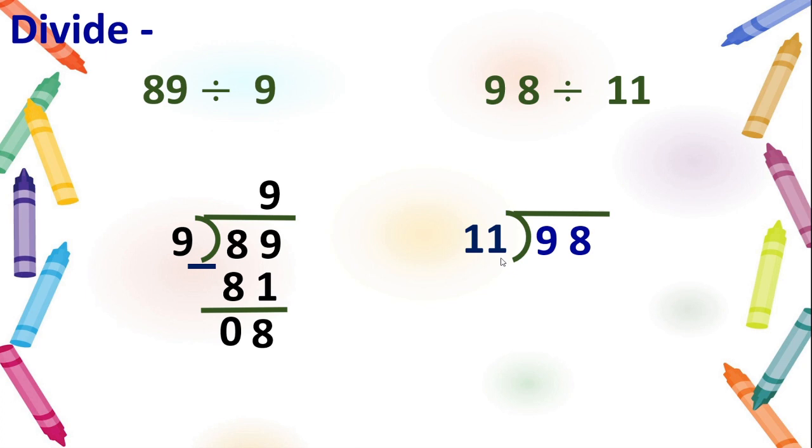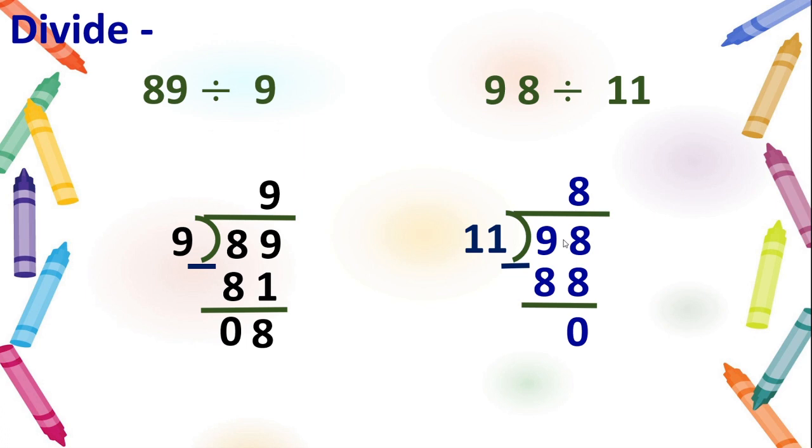So we will go for 11 8s are 88. Isn't it? The next number is 99, so we will use this. 11 8s are 88. Now we will subtract. 8 minus 8 is equal to how much? 0.